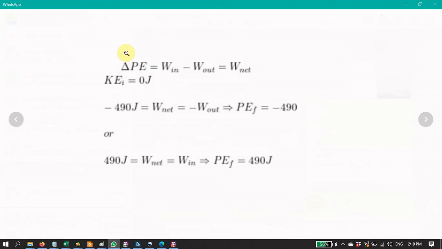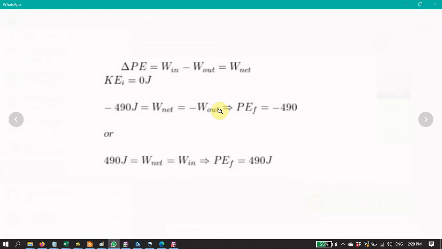Right, from the above, you can see that the potential energy change is equal to the net work, right? In this case, we may have many works acting on the body, but when I explain this, I just consider only one source of work done on the body. So if the potential energy change is minus 490 joule, this change is due to the work done by the body to its surroundings.